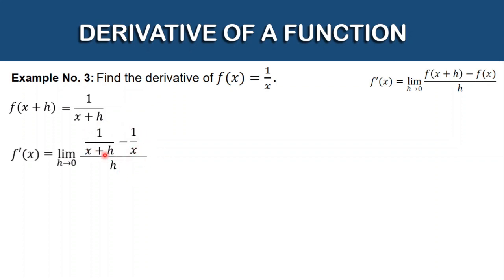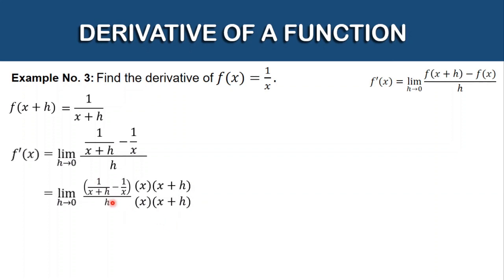At saka yung denominator natin by the LCD. So, yung LCD magmumula siya sa numerator natin. At yung LCD ng fractions na ito ay x times x plus h. So, yung product ng kanilang denominators. So, multiply natin yung numerator natin dito sa LCD na ito. Also, our denominator. Then, simplify lang natin.